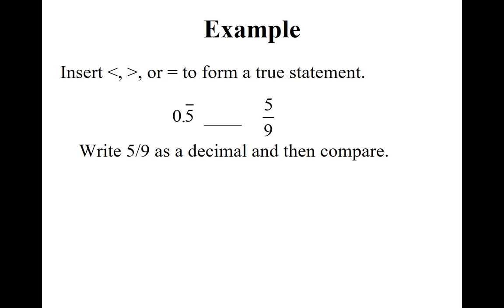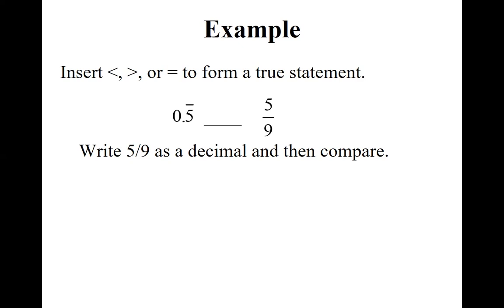9 would be on the outside, 5 would be on the inside. 9 doesn't go into 5, but 9 goes into 50. So we'd start with a point, and then 9 goes into 50 5 times. And 5 times 9 is 45. 50 minus 45 is 5.